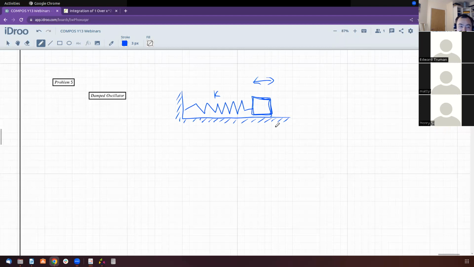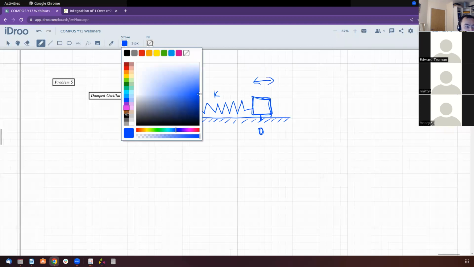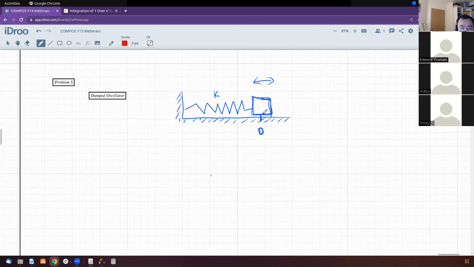So what are the forces? Let's say this is the neutral position. We move the oscillator to the right. And what are the forces acting on it?